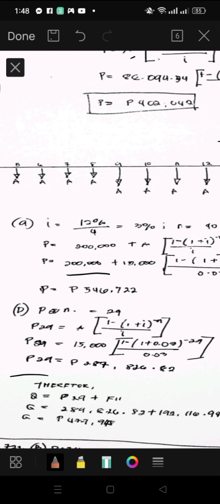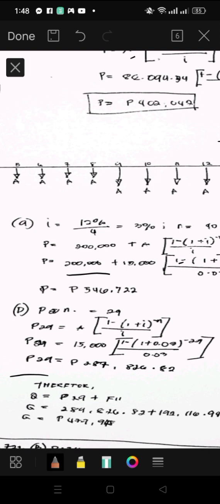So A is equal to 15,000 times the quantity of 1 minus (1 plus 0.03) raised to the power of negative 29 over 0.03.